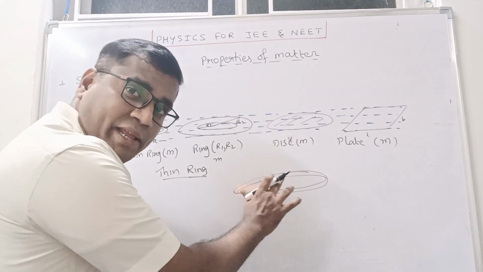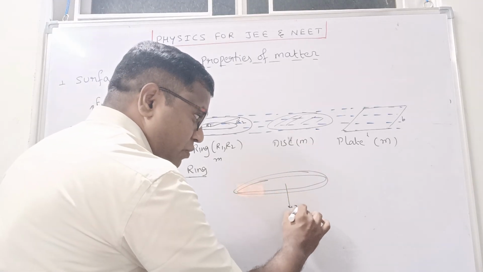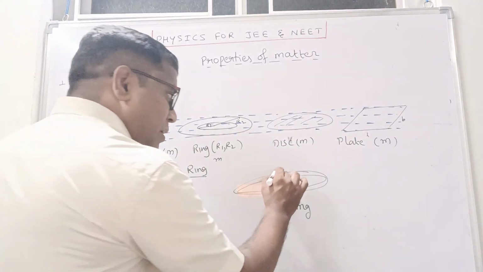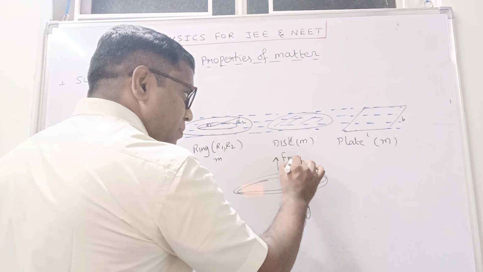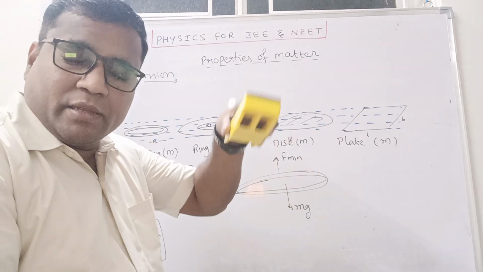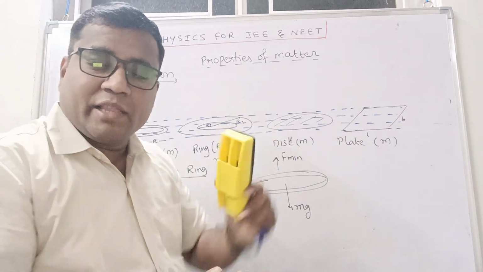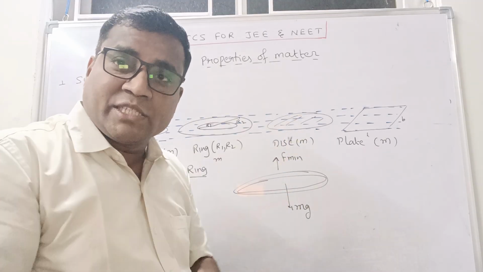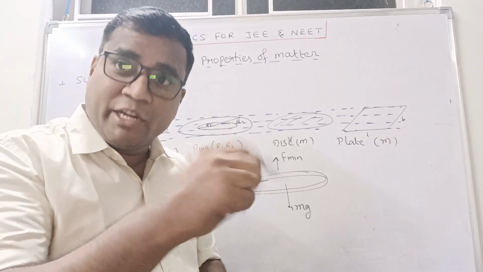So for the whole ring, mg is acting downward. And I want to apply F minimum. So when I am going to lift, then automatically surface tension will pull down. So due to surface tension, how much force will there be? Tension into length.